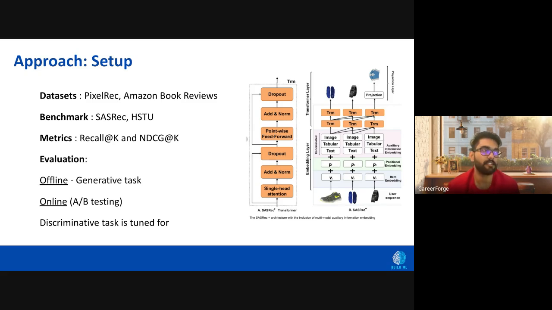HSTU is an interesting choice. It's a different way of doing sequential recommendations. I don't know if it's considered SOTA. HSTU is similar to this in the sense that it also works on user interaction history and also uses embeddings. But let's say you have a user interaction history of 50 items; that's your main time span of a user. What HSTU does is create auxiliary interaction histories from this one. From this 50, it maybe takes this 10, or this 10, or this 10.